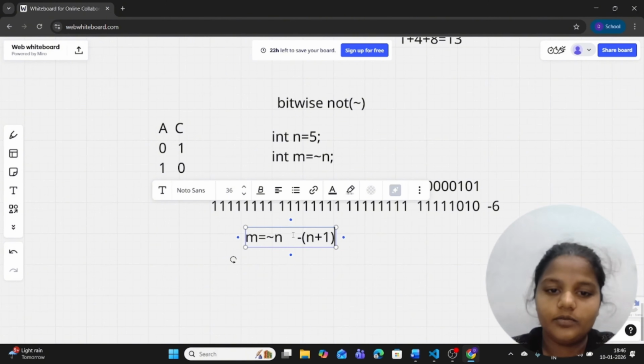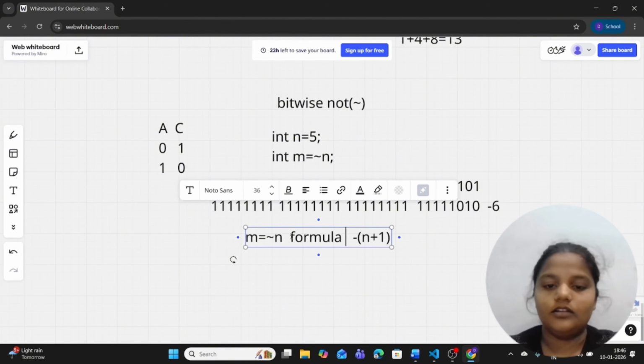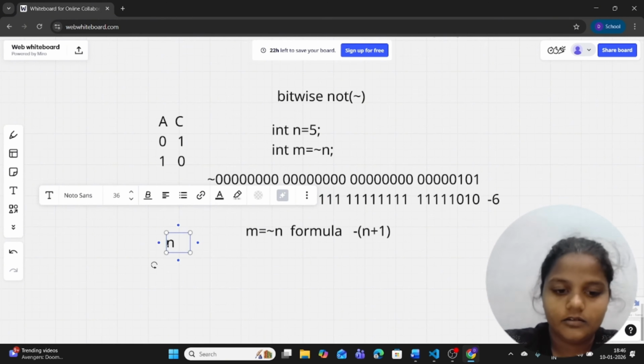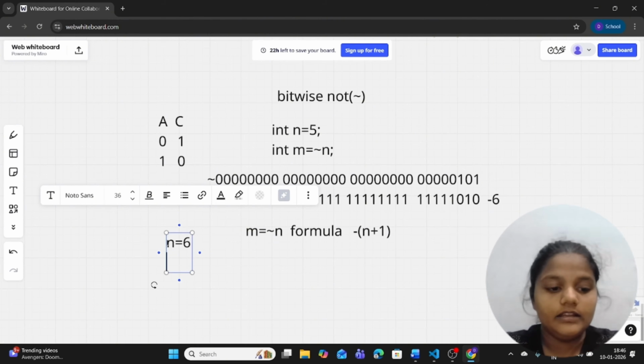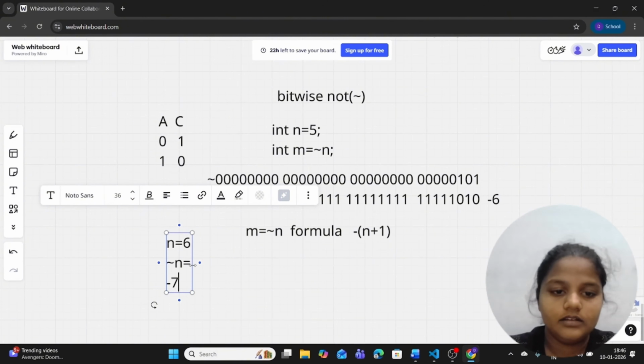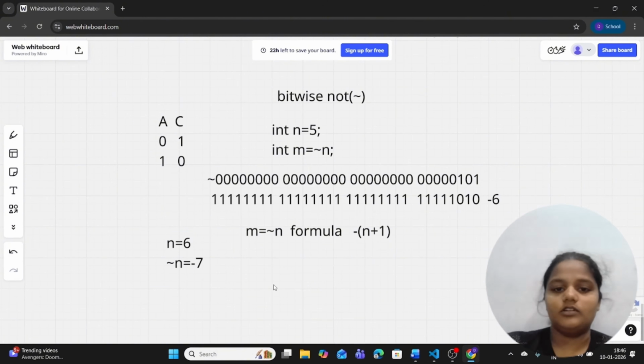So this is the formula to calculate the NOT operator. Okay. So if I give n equal to 6, then the NOT of n is -7. Okay. So this is how we are going to use the NOT operator.